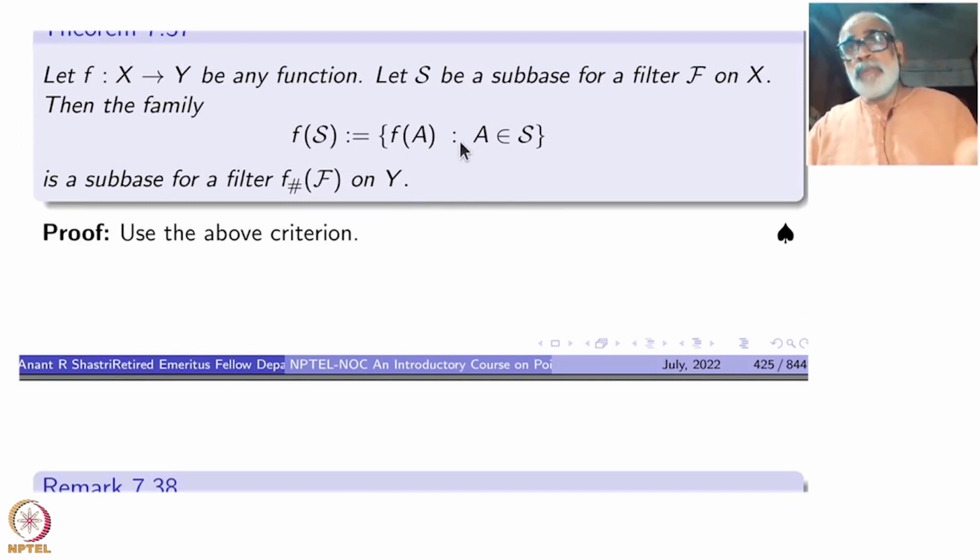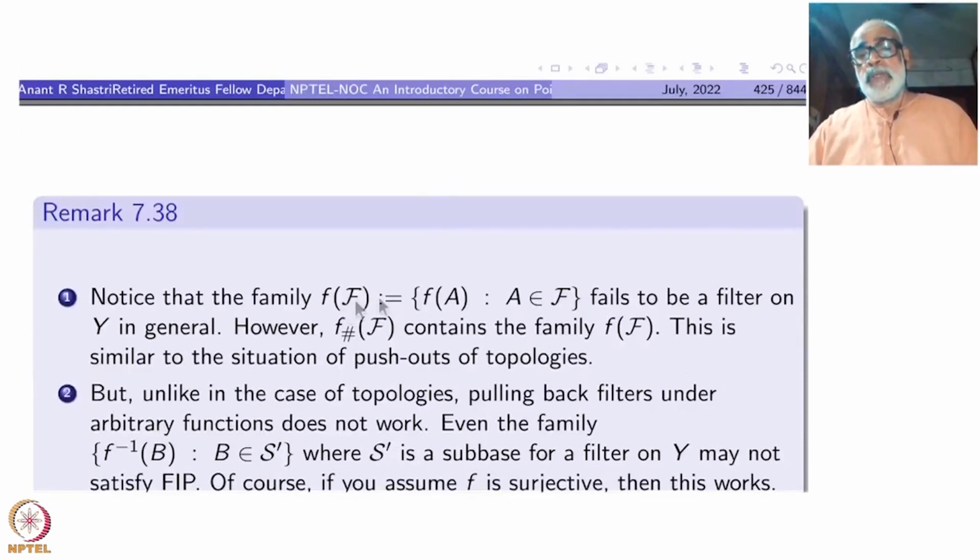It may not be a filter in general, because there may be bigger subsets which don't come from S at all, bigger subsets which don't come from even F. So if you take f(A) such that A is inside F, this may fail to be a filter. Okay. However, if you take f check of F, that contains the family f(F), because what is the meaning of f check of F? Treat f(F) as a subbase for a filter itself, right? Then f check of F makes sense. So this contains f(F), that's all.